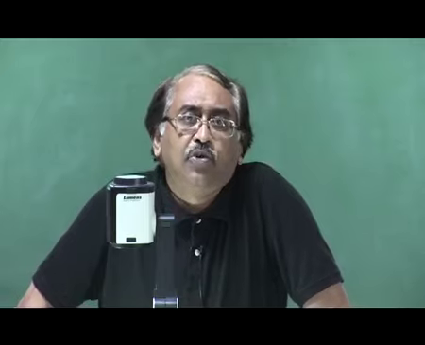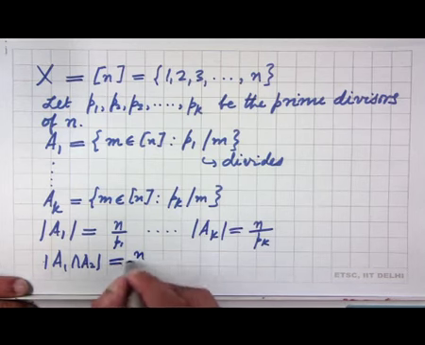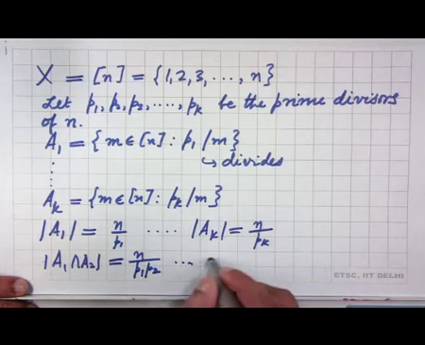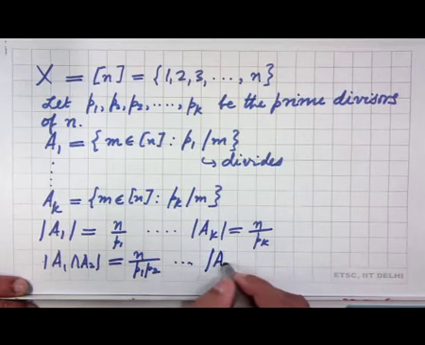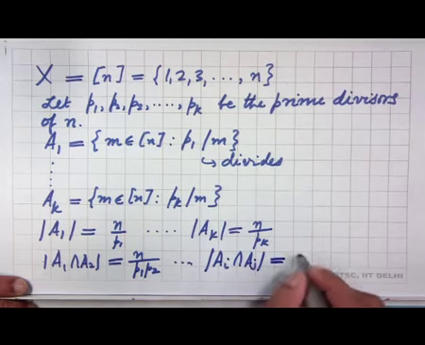The LCM of P1 and P2 is P1 P2. And so in fact, the numbers that go into the set A1 intersection A2 are multiples of P1 P2. So therefore, this number is n over P1 P2. And more generally, if I were to write AI intersection AJ, the size of that would be n over Pi Pj.